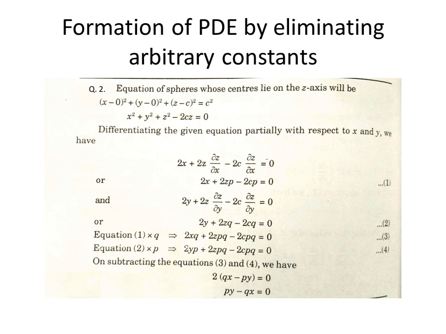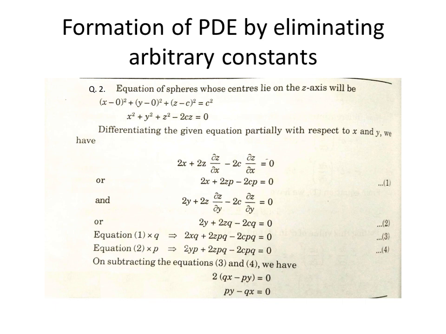Now we form one more partial differential equation by virtue of question number 2, where we have to eliminate constants from an equation of spheres whose centers lie on the z-axis. We all know that the equation of a sphere whose center lies on the z-axis can easily be expressed as (x minus 0) whole square plus (y minus 0) whole square plus (z minus c) whole square equals c square, because its center must be of the type (0, 0, c).